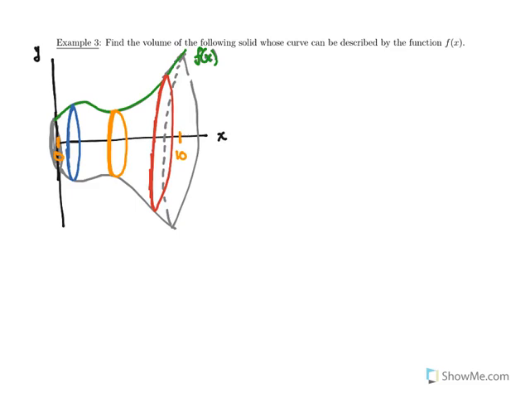And for each slice in between 0 and 10, for each x value, we're going to draw a little slice. So let's say that we go back to our first slice here. This is going to correspond to some x value. And let's just bring out this slice so we can look at it in a little more detail here.